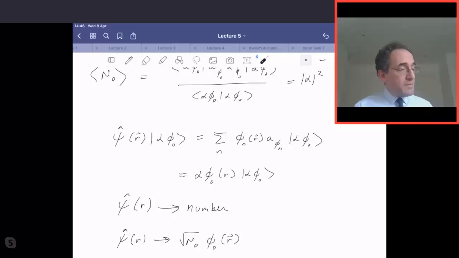Okay, so this is nice. It allows us to turn these annihilation operators or creation operators into numbers, and that's why we want to work with the second quantized notation.